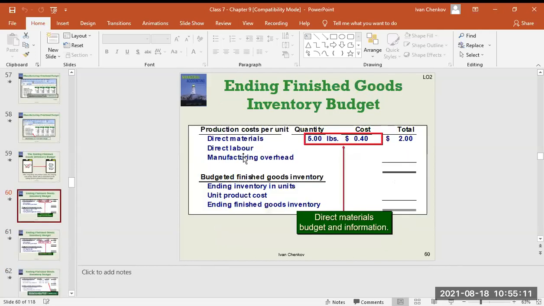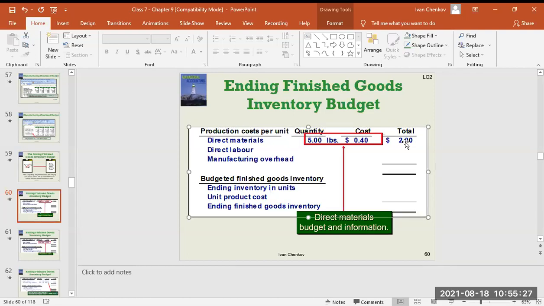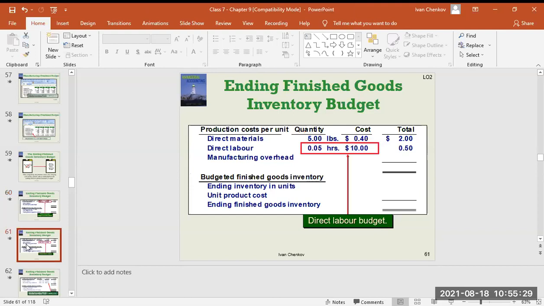What we're going to do now? We already know that to produce one product, we need 5 pounds. And the cost per pound is 40 cents. So the direct material for one product is $2. For direct labor, we know that one product can be produced in 3 minutes or 0.05 hours. And we're paying $10 per hour. So that's another 50 cents.